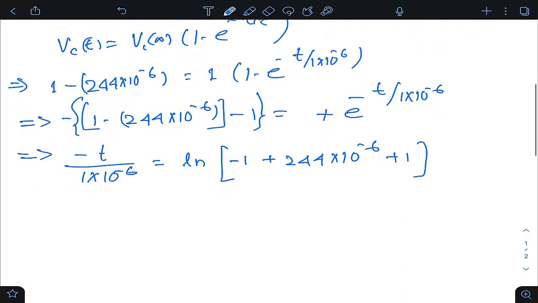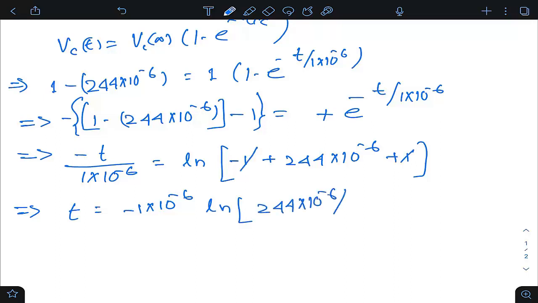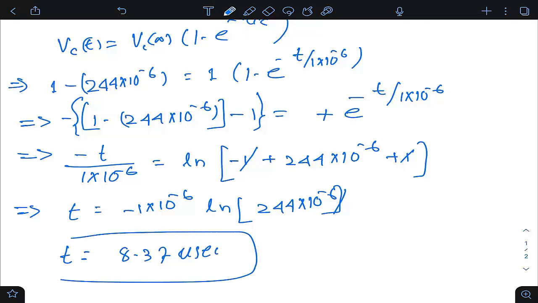So this implies t is equal to minus 1 into 10 raised to power minus 6 into ln of 244 into 10 raised to power minus 6, as these terms cancel out. Take a calculator and simplify this. If you solve for t, it comes as 8.37 microseconds. So this will be the answer.